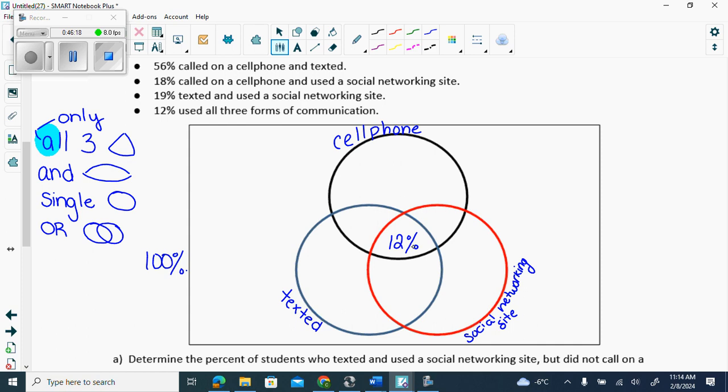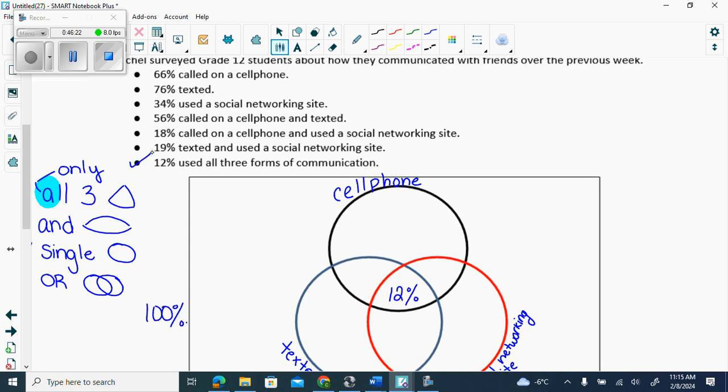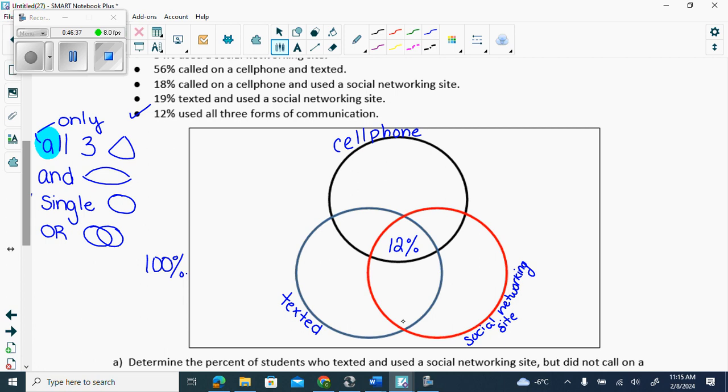So next we go to the eyeballs. I'm going to check this one off because it's one we used. The next one says 19 texted and used the social networking site. Does it say texted and used the social networking site only? If it said only, I would go to texted and social networking site right here and put a 19. We agree? But it says texted and social networking site, which we know is an eyeball.